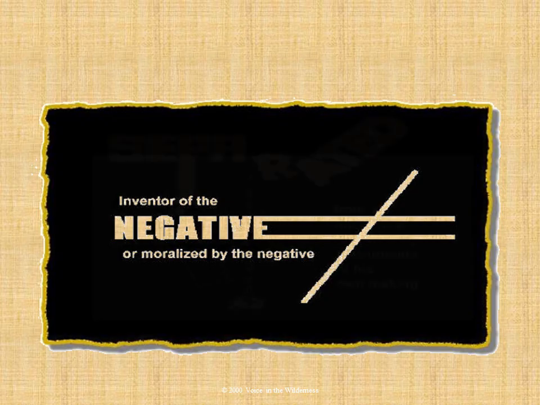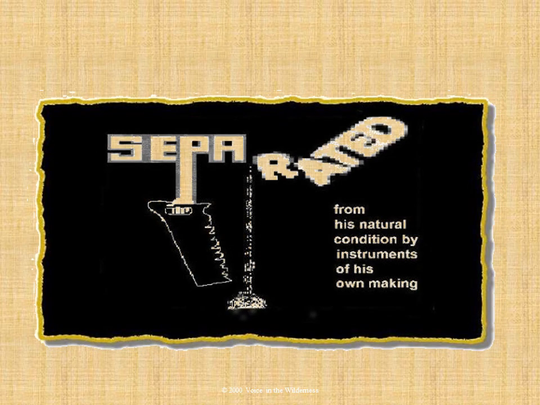And then he goes on, separated from his natural condition by instruments of his own making. Here we have anthropology's tool-using animal. I don't know, if we're separated from our natural condition by the tools that we have created and use, I guess our natural condition then is naked in the forest.